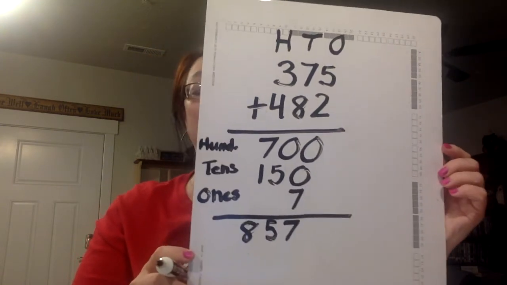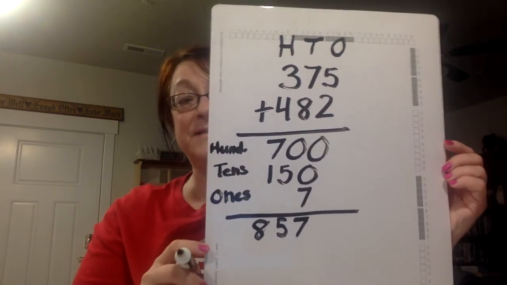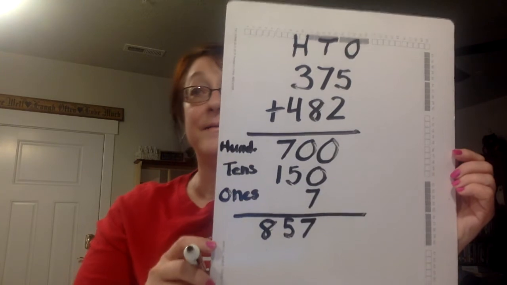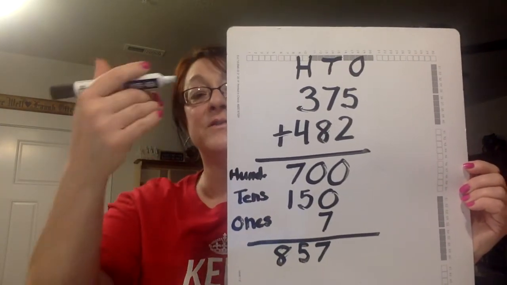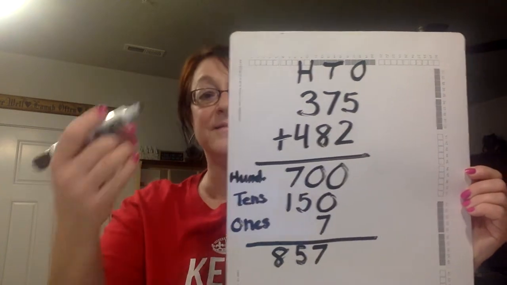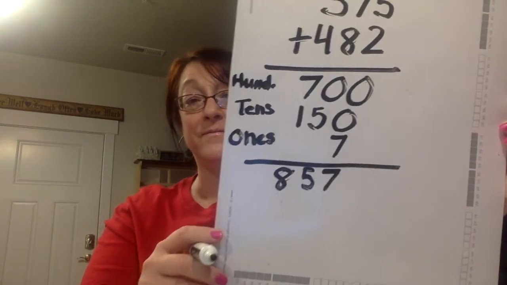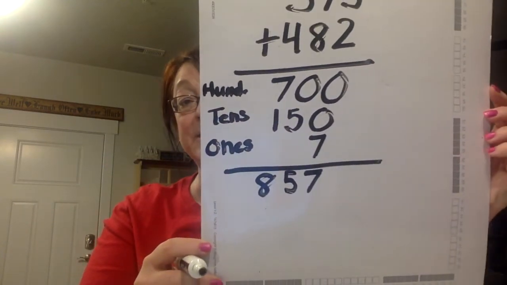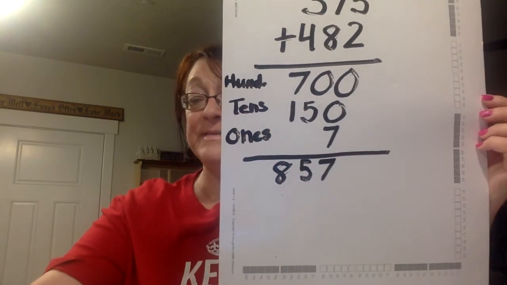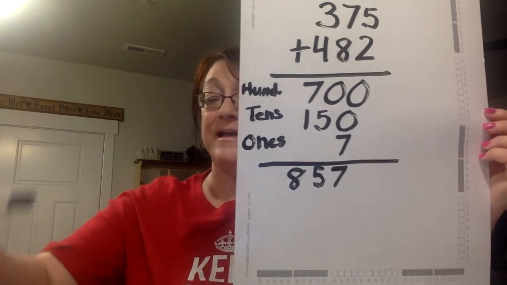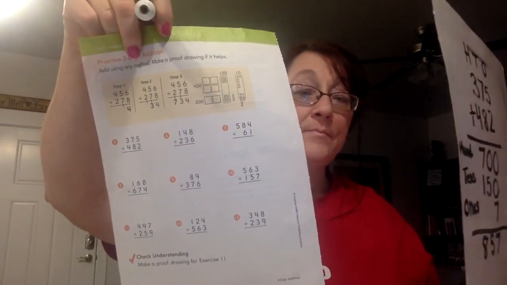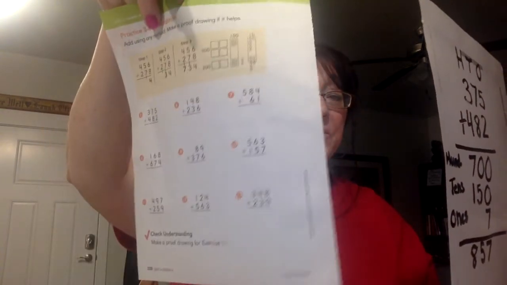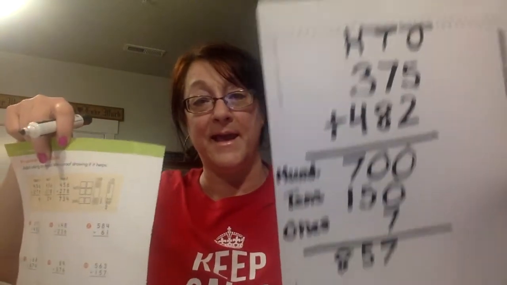Like I said, the way we do this is really helpful for people that are still needing help with the place value, seeing, oh, these are hundreds, these are tens, these are ones. And it's really helpful for those people that need extra help with that. So on this page, remember what Ms. Staley said, I would like you to make sure and do at least 2 of these, not counting this one.